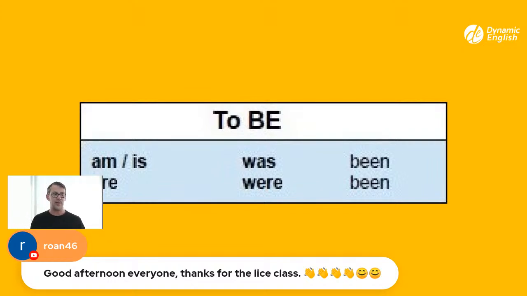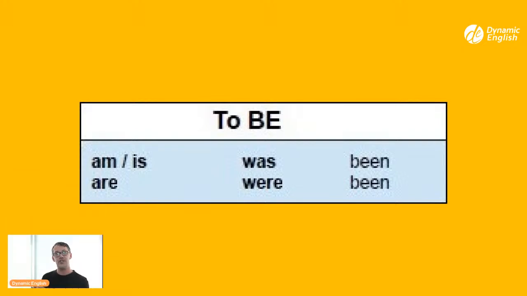So it's important to realize that with I am, we'll see here in our present tense, I am, okay? We'll remember that he, she, and it is, and we have are for you, we, and they, right?